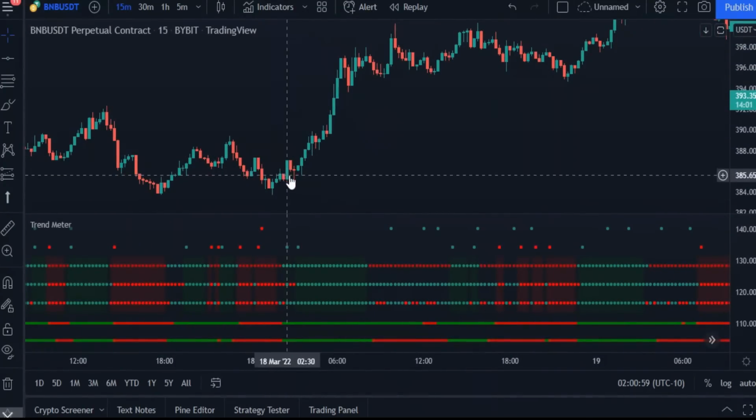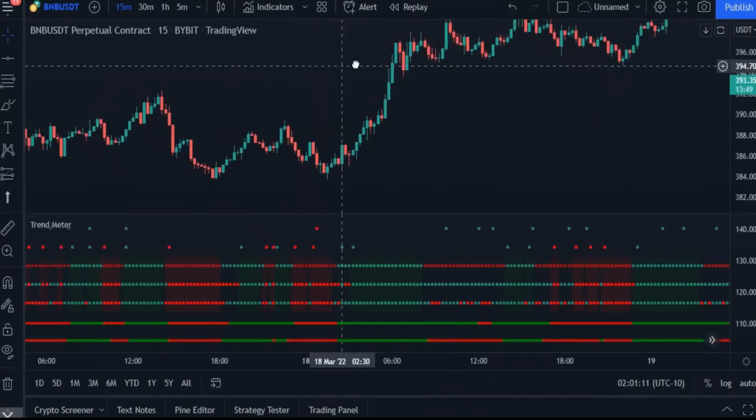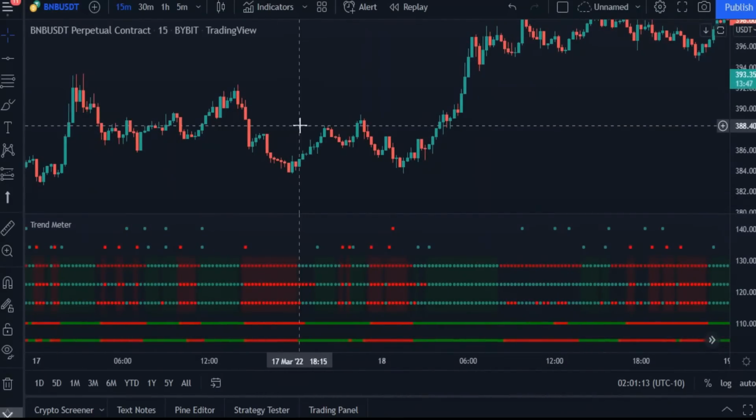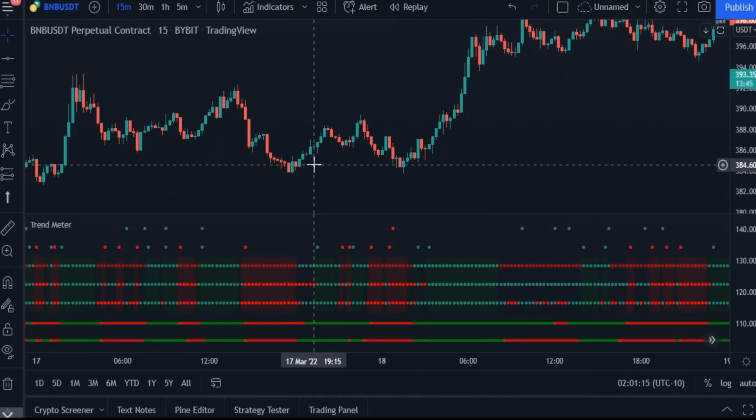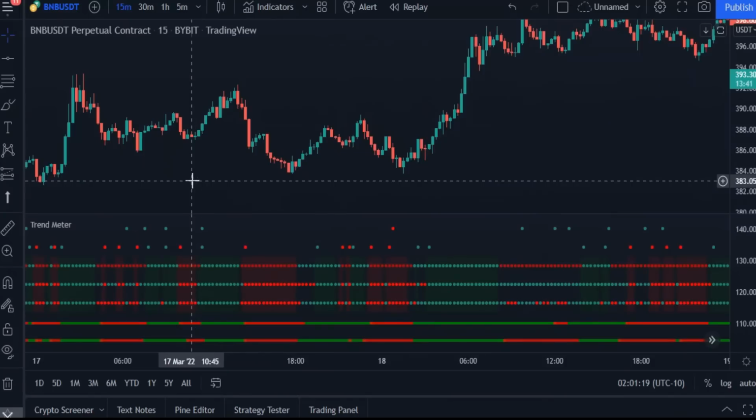Here, for example, we notice that all indicators give a green color. And here, also it seems that the confirmation is clear in green. Here also all the indicators are green, and this is a good confirmation to enter as well.